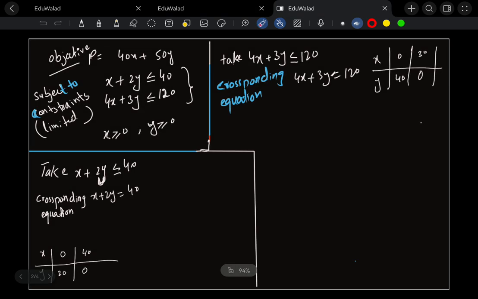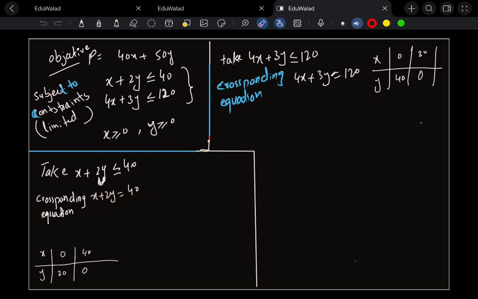These give the feasible solution in the first quadrant. Now take x plus 2y less than or equal to 40, so our corresponding equation is x plus 2y equals 40. Why do we use the equal sign here? Because we are restricted to at most 40, we need the maximum value.